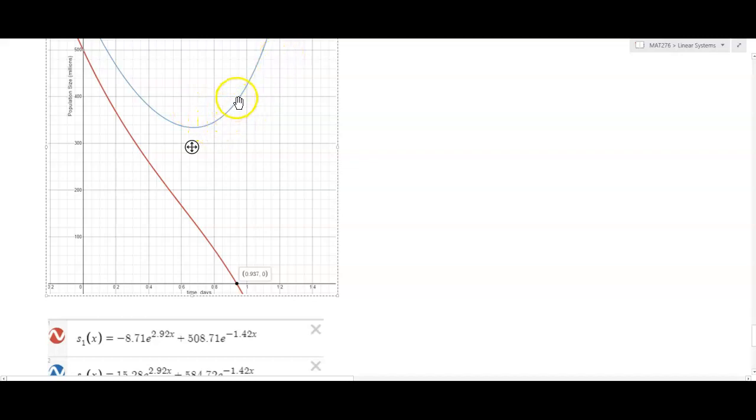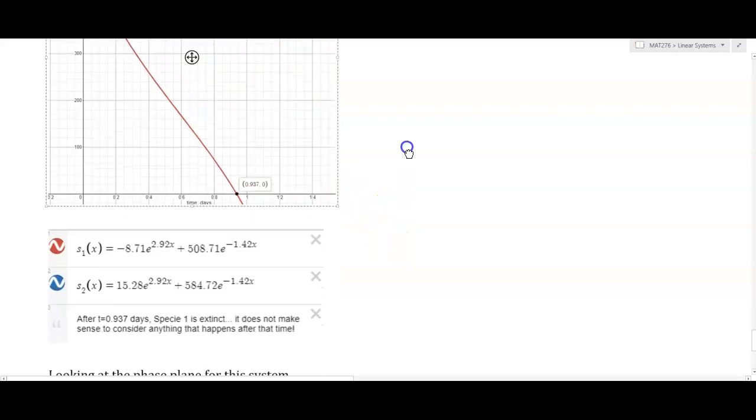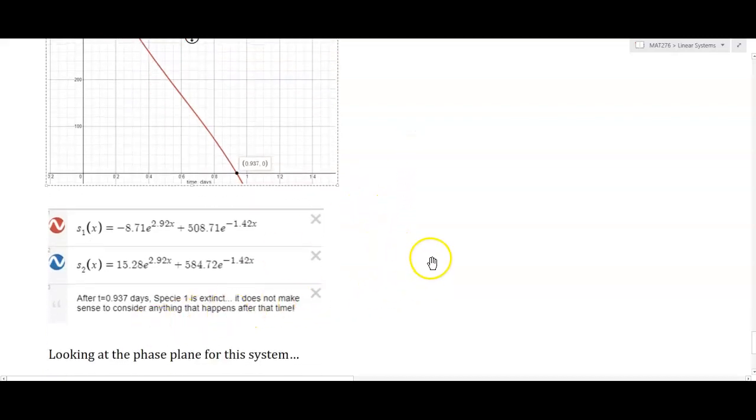There's a little bit of a rise because species 2 is thriving, but after time 0.937, it doesn't really make sense what we see there. So after t equals 0.937 days, species 1 is extinct. It does not make sense to consider anything that happens after that time.